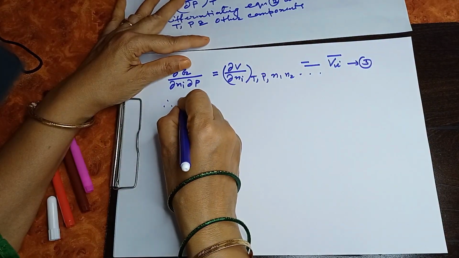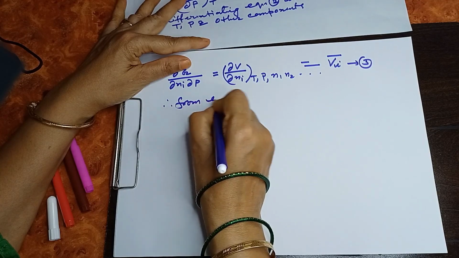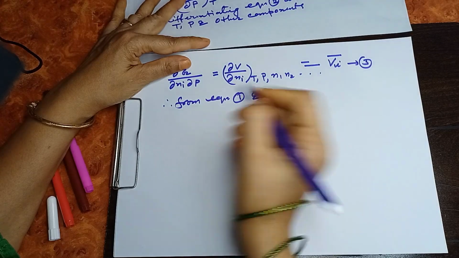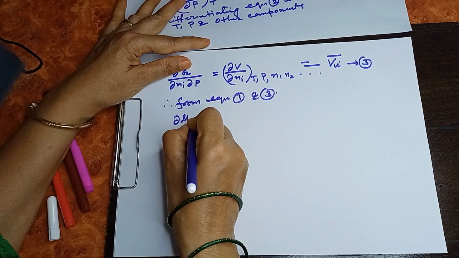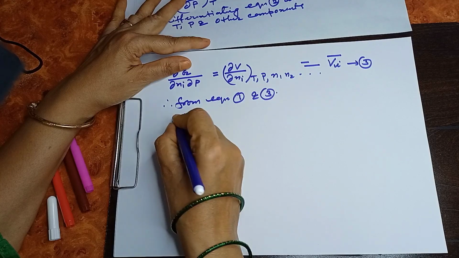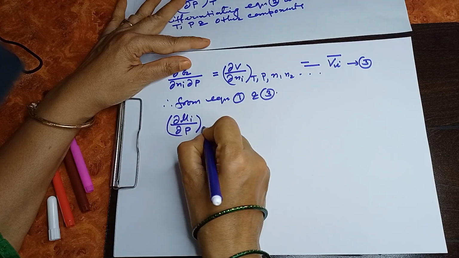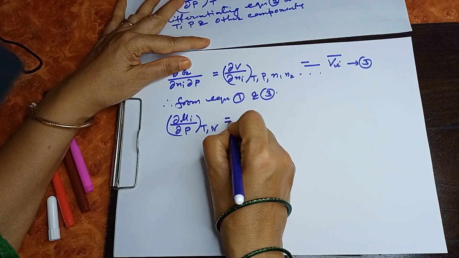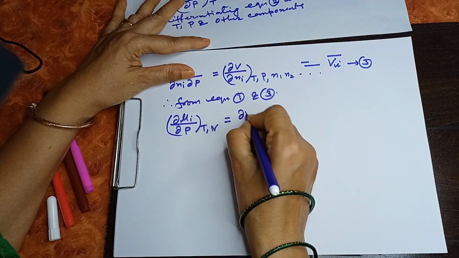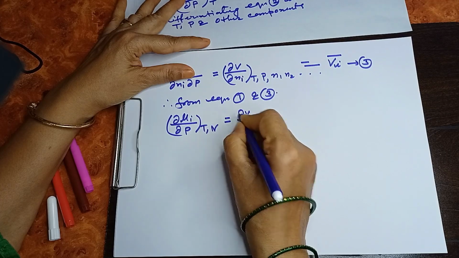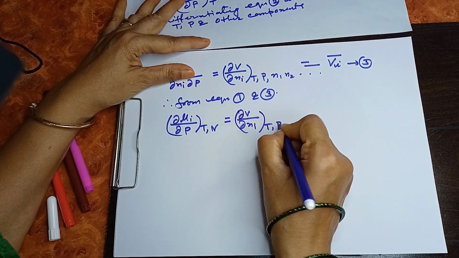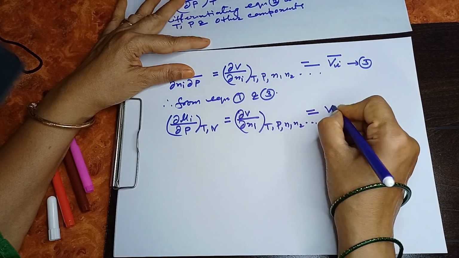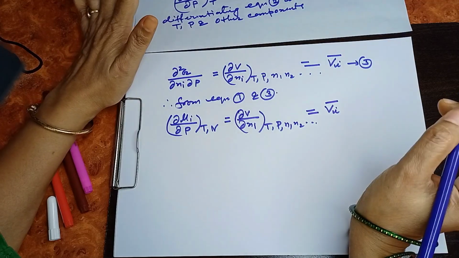So from equations 1 and 3, we can write ∂μ_i/∂P at constant temperature and composition is equal to ∂V/∂n_i at constant temperature, pressure and other compositions, which is equal to V_i bar, the partial molar volume.